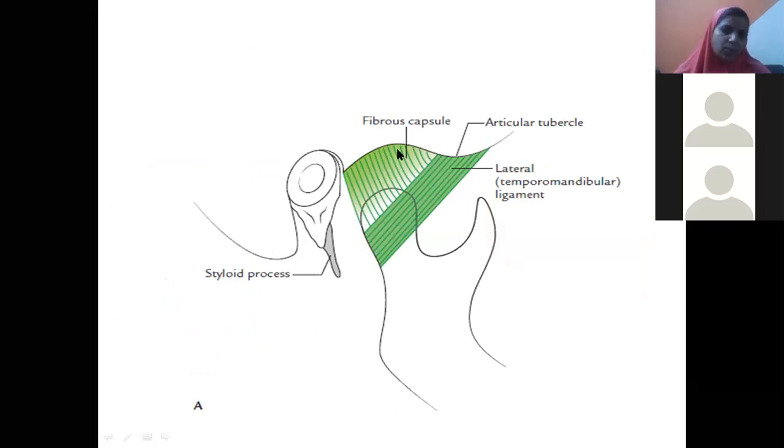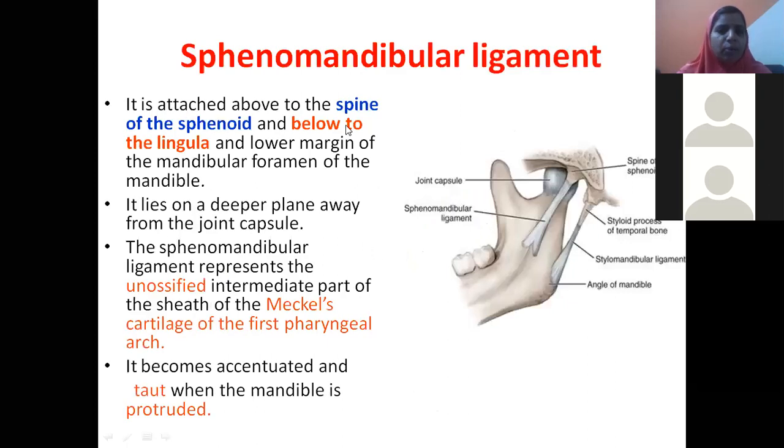Okay, this is the fibrous capsule. Over the fibrous capsule, this thickening we have is the lateral ligament, also called the temporomandibular ligament. Now the sphenomandibular ligament: from the spine of the sphenoid bone it comes, and it is getting attached to the inner aspect of the ramus of the mandible.